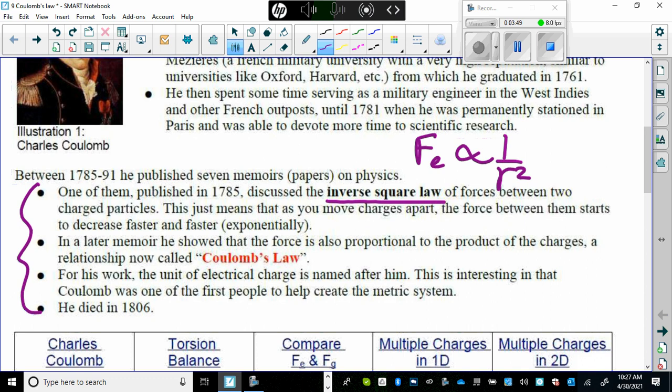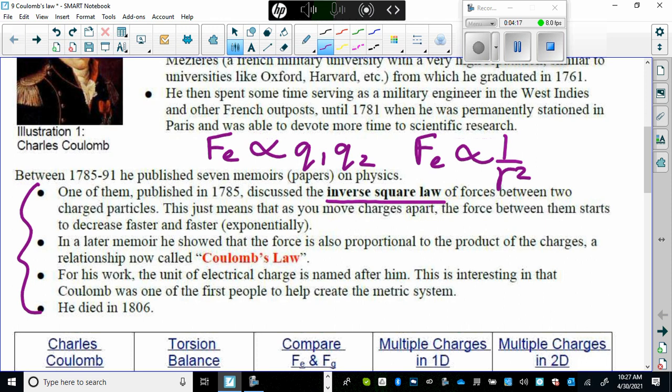In a later memoir, he showed that the force is also proportional to the product of the charges. Oh, Q, haven't seen that before. Q is the letter we're going to use for charge from now on. And you can see how that is incredibly similar to what Newton came up with for his work.